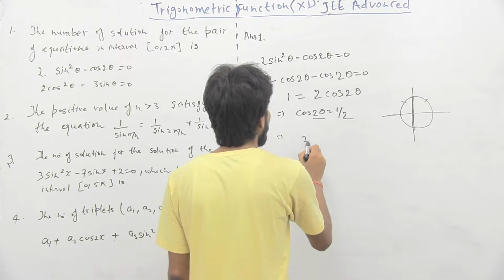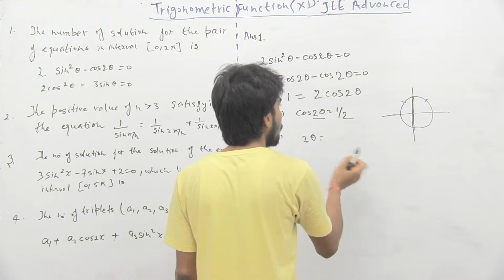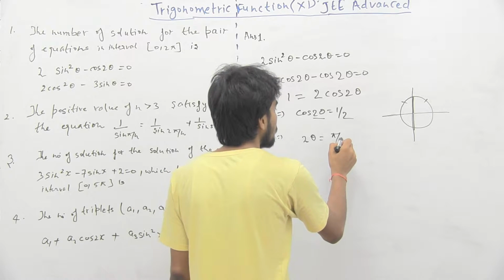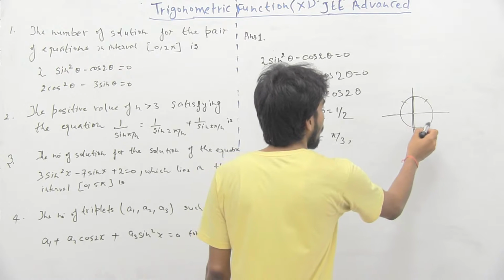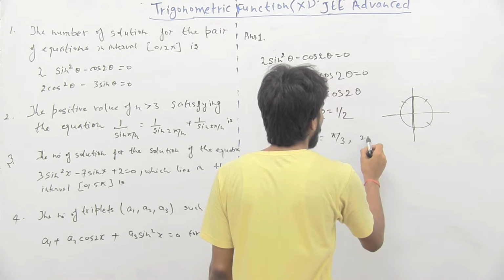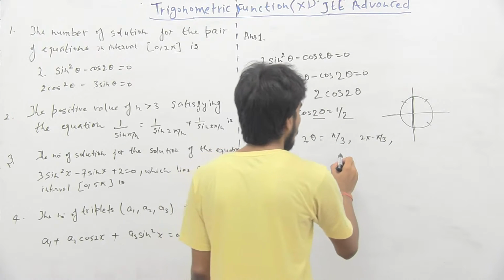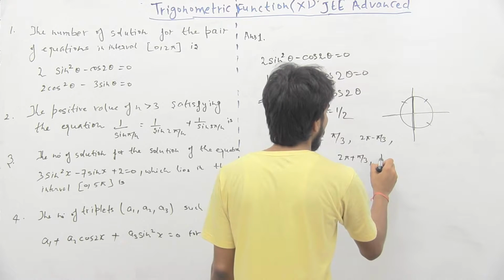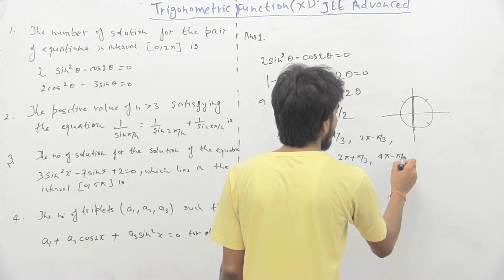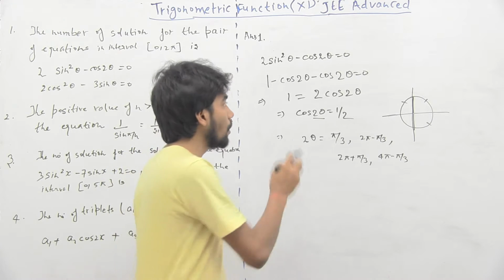So 2 theta will be pi by 3, and the others will be 2 pi minus pi by 3, 2 pi plus pi by 3, and 4 pi minus pi by 3. These four will be the solutions of the first equation.